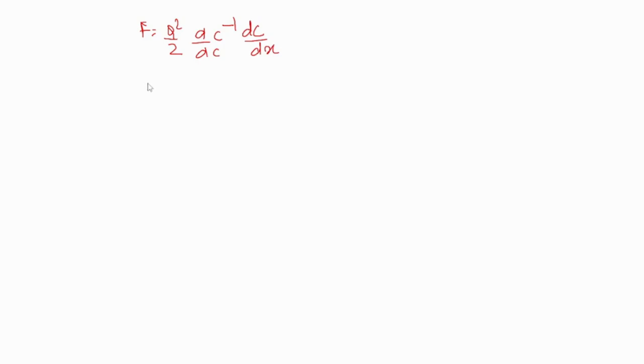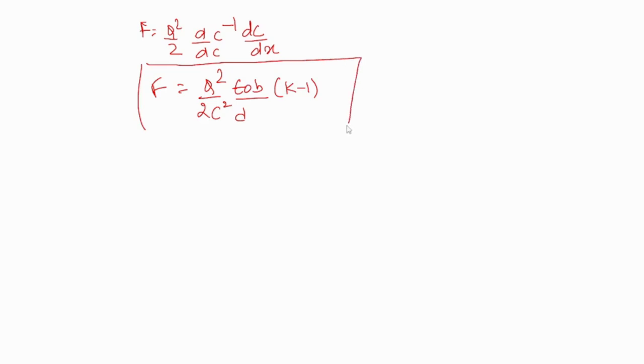On putting the value of dC by dx and solving this equation, you will get F equals Q square by 2C square into epsilon naught b upon d into (k minus 1). This will be the value of force when the battery is disconnected.